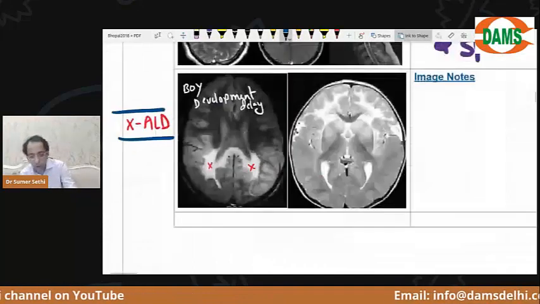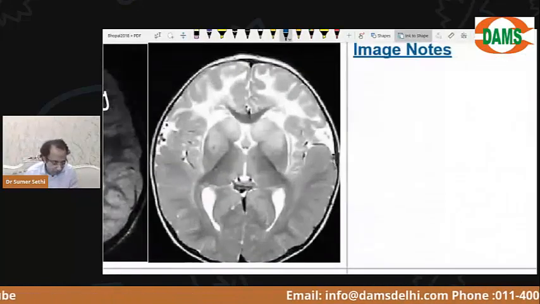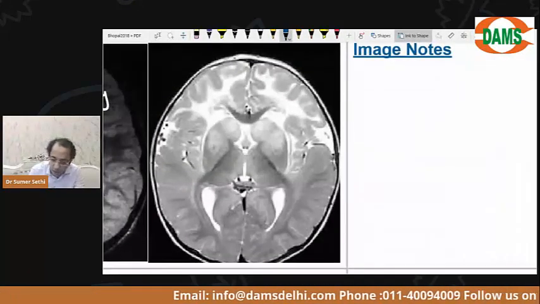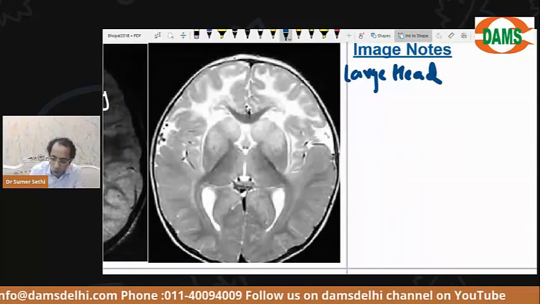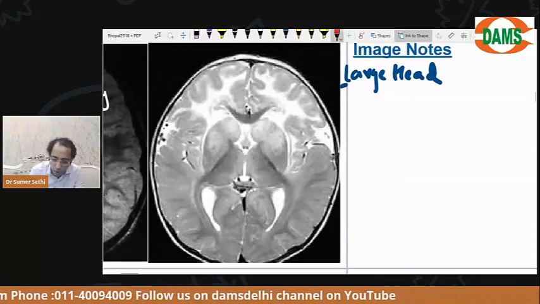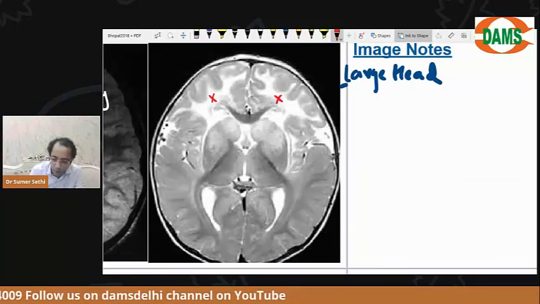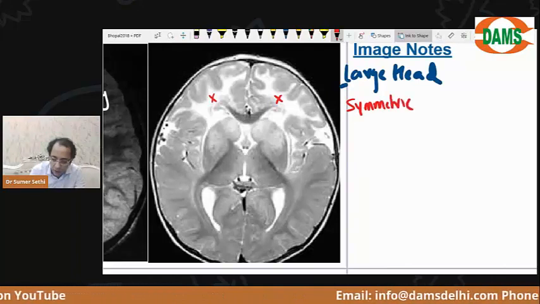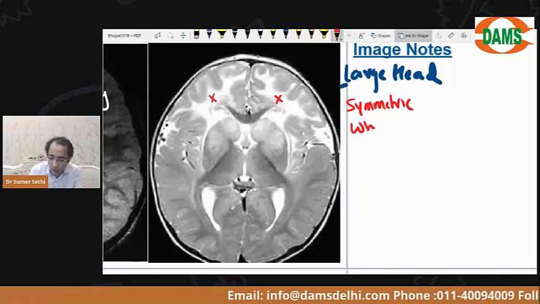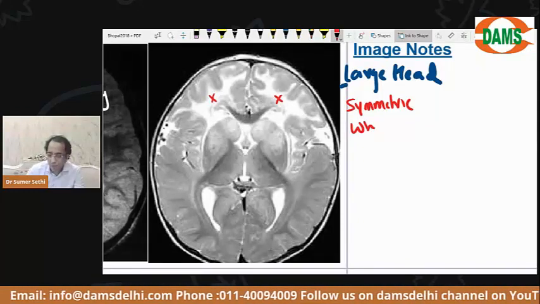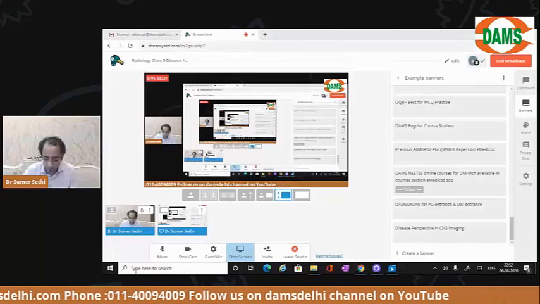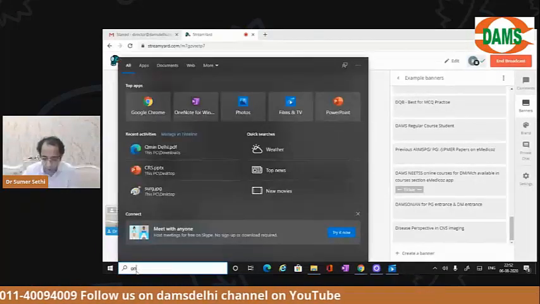Now, second question. Child with large head, MRI shows abnormality, symmetric. Gray matter, white matter? White matter. The MRI shows symmetric white matter abnormality.